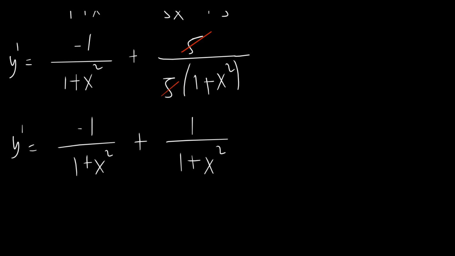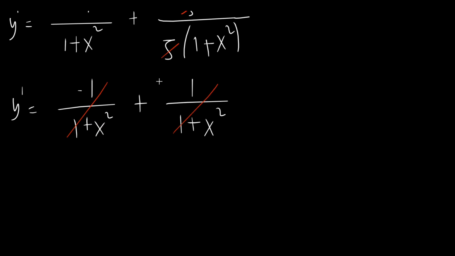Negative plus positive, they have the same term, so we'll cancel both of these terms. So the answer is y prime equals 0. This is now our final answer.